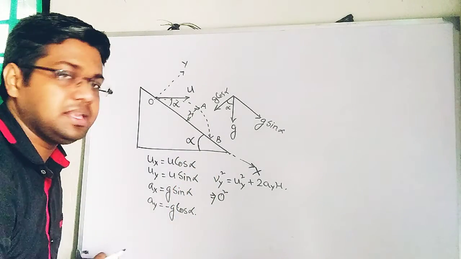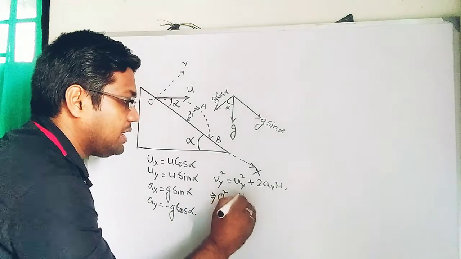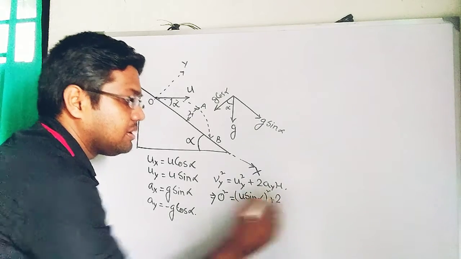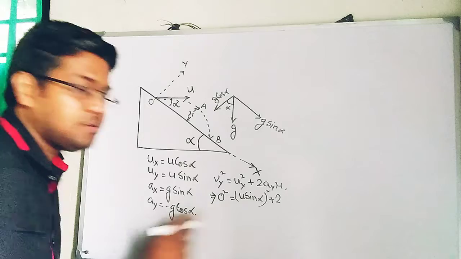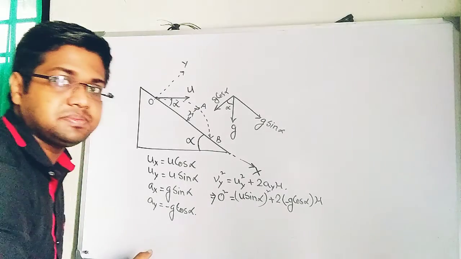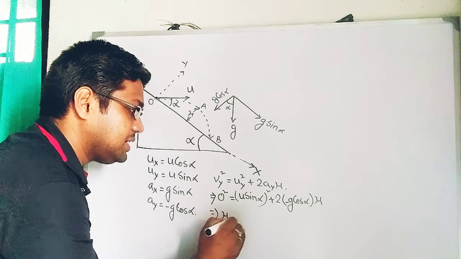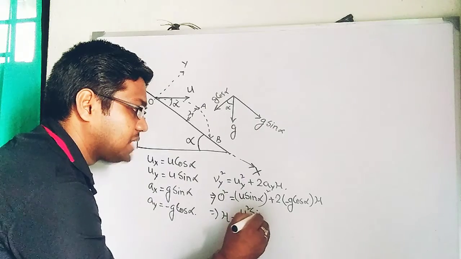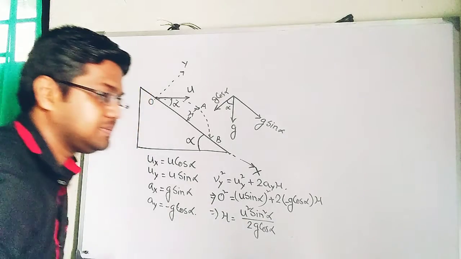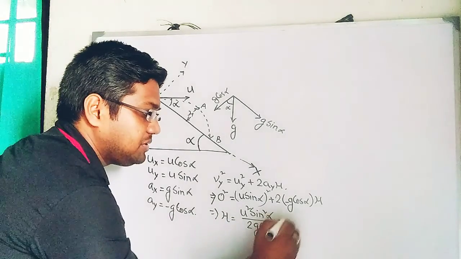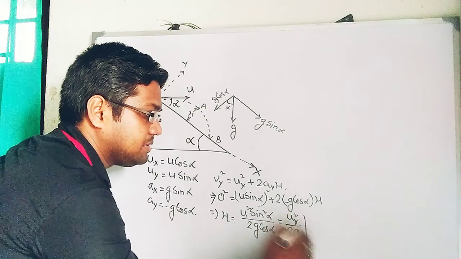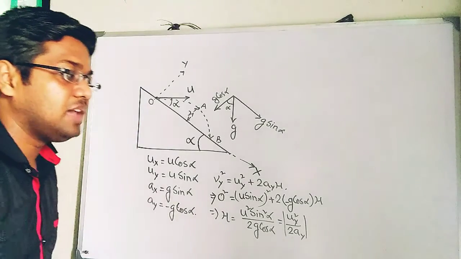The uy is u sin alpha whole square, ay is minus g cos alpha, into h. So from here capital H is equal to u square sin square alpha divided by 2g cos alpha. In generic form, it is uy square divided by 2 into ay. This is the value of the maximum height.